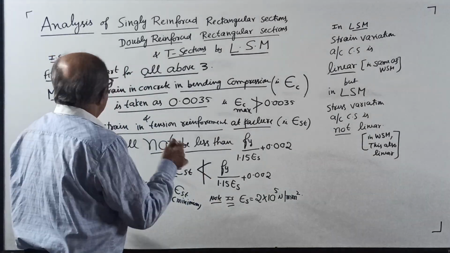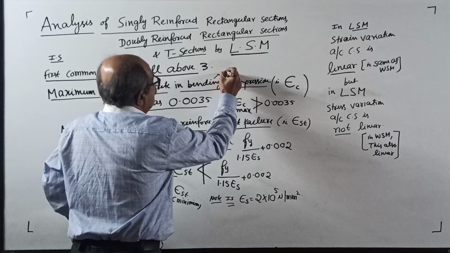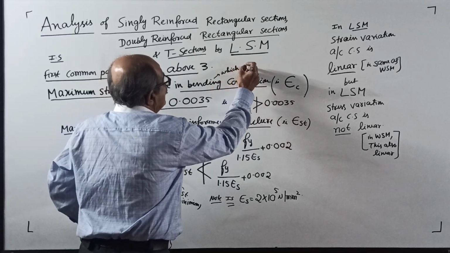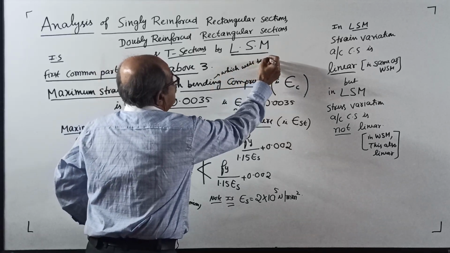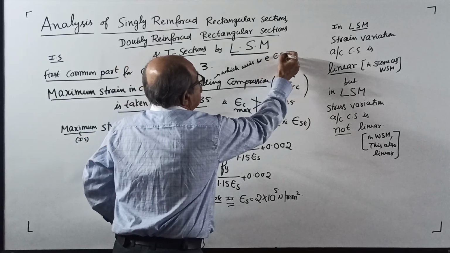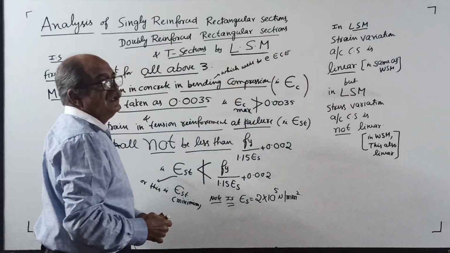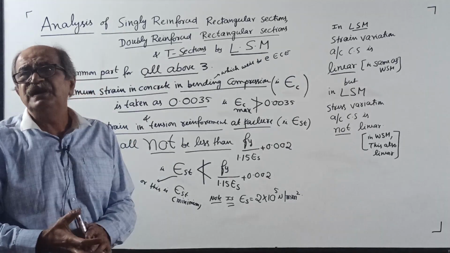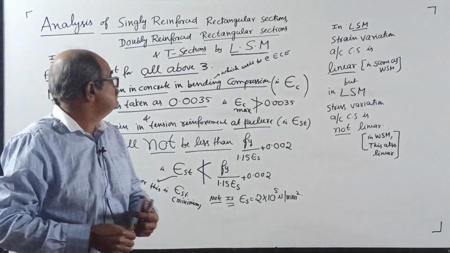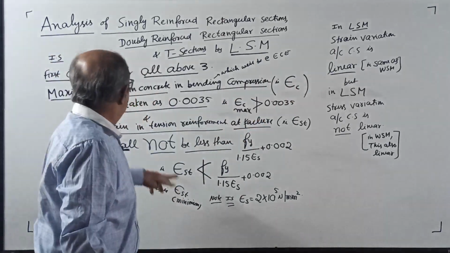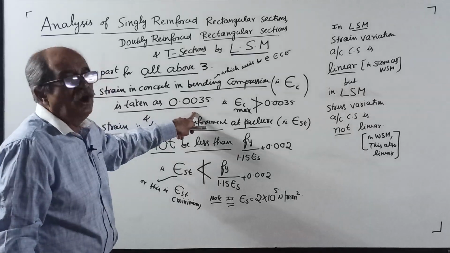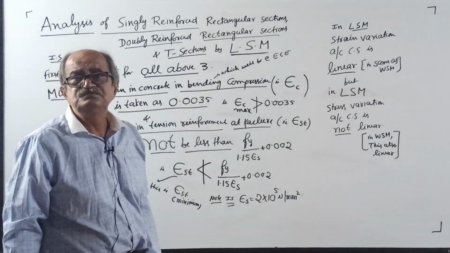Shall I write it here? Which will be at the extreme compression edge. It can be the top edge or the bottom edge depending upon the nature of the bending moment. Epsilon C is taken as 0.0035 as per IS code.